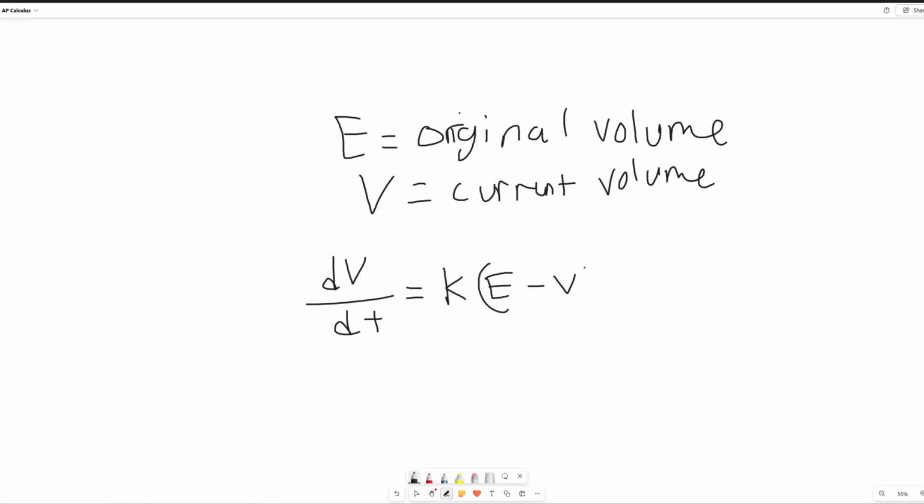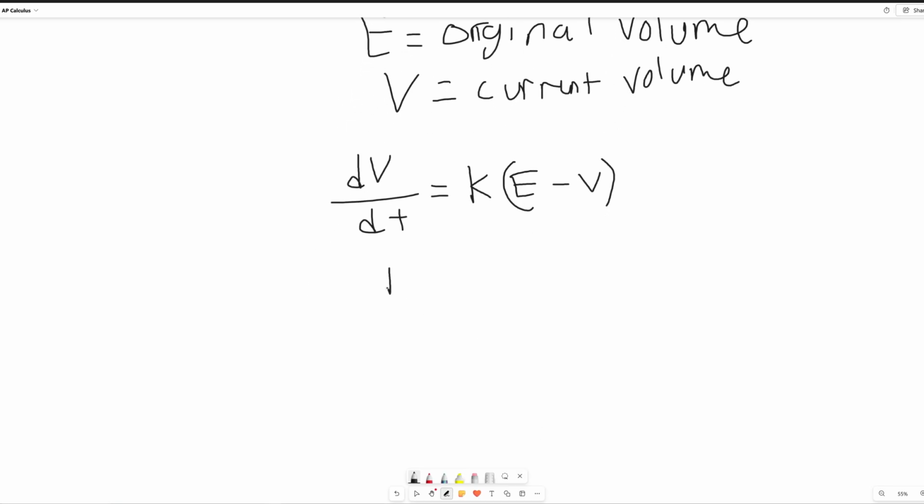Or actually, in this case, depending on the constant, you could be gaining or losing volume. But this models the scenario because you have the difference between the total volume and the current volume. Or if it said, for instance, it was inversely proportional to the difference between the original volume and the current volume, you would have your constant over original volume minus current volume.